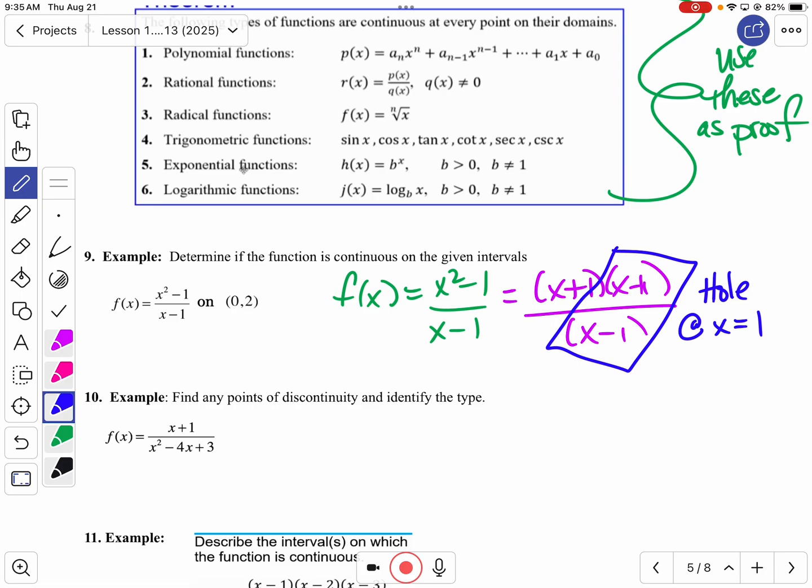So, does 1 fall on that interval from 0 to 2? Yes. So, is this continuous? We would say no, because there is a hole at x equals 1. So, we're looking for the exception to the rule, anything that would make it discontinuous.